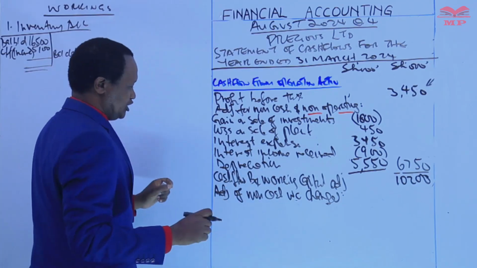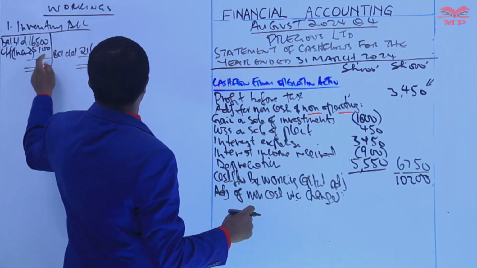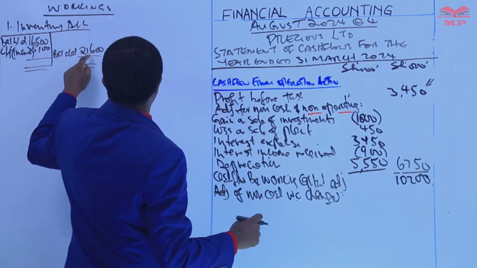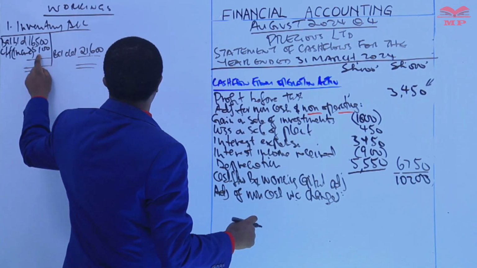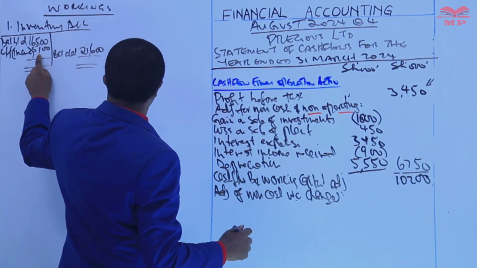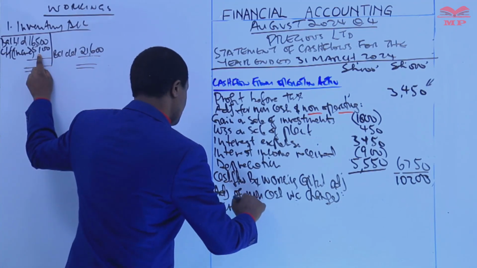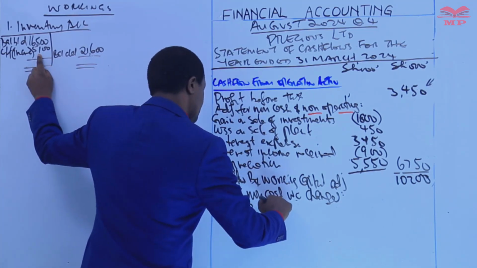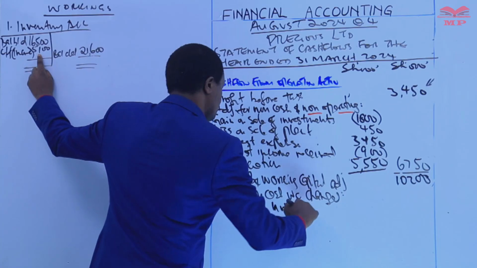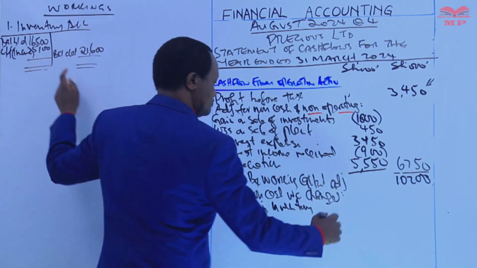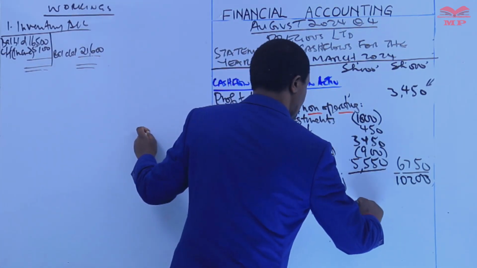It has increased from 16.5 million to 21.6 million, and the increase is 5.1 million. You write here: increase in inventory, 5.1 million.